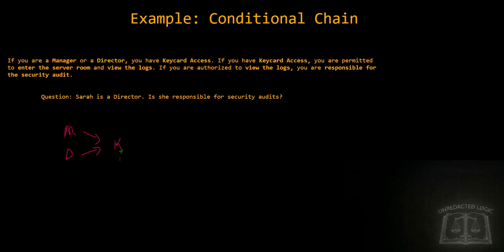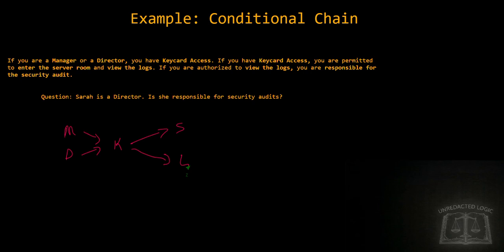If you have keycard access, you are permitted to enter the server room and view the logs. So entering the server room, I'll diagram that with an S, and view the logs, I'll diagram that with an L.